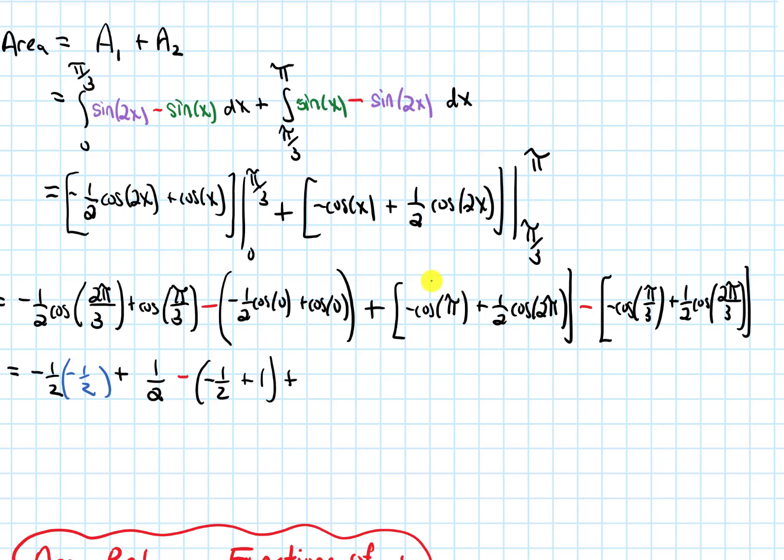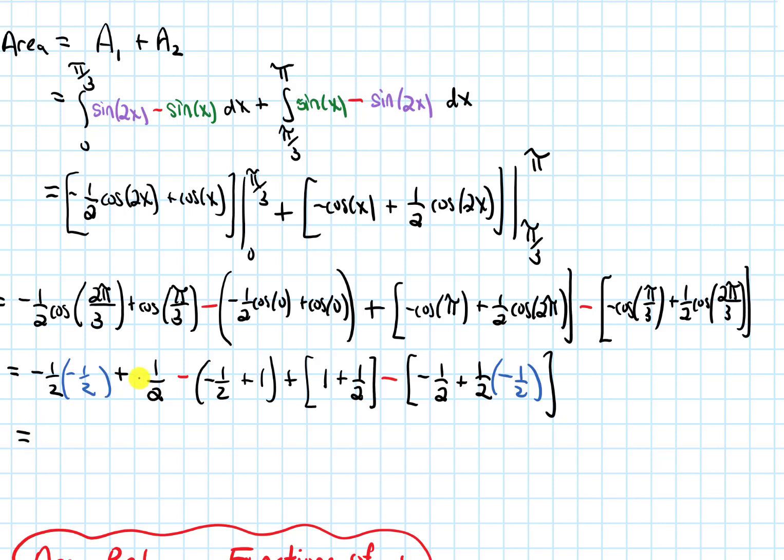And then plus, going to the next bracket, cosine of pi is negative 1, so this will become positive 1 because of the other negative in front of it. Cosine of 2 pi is 1, so I get plus 1/2. And then we get minus the stuff in this last bracket. So I'll get negative 1/2 plus 1/2 times negative 1/2, because that's cosine of 2 pi over 3.